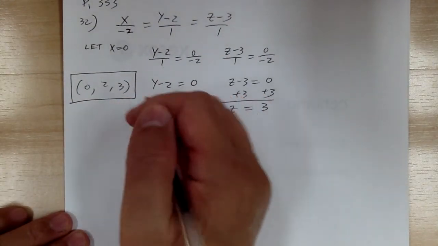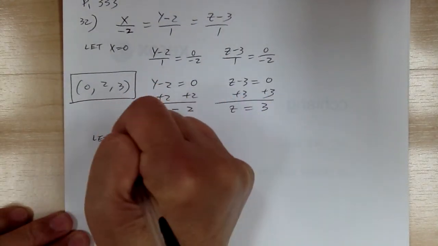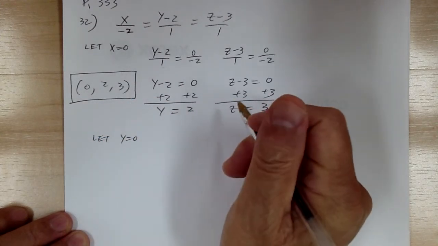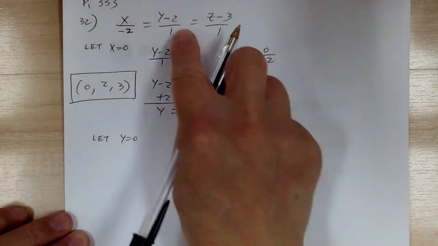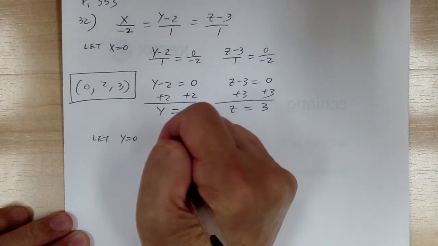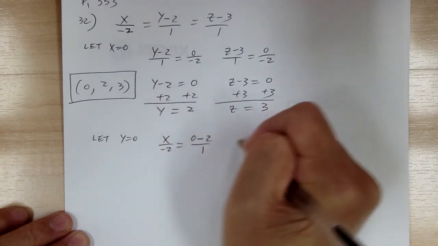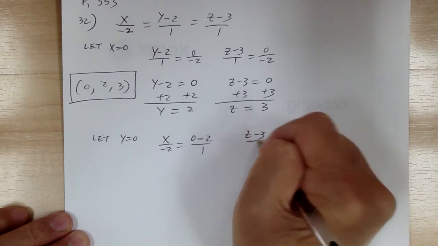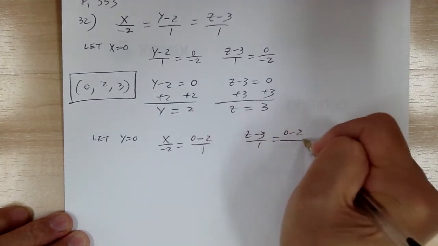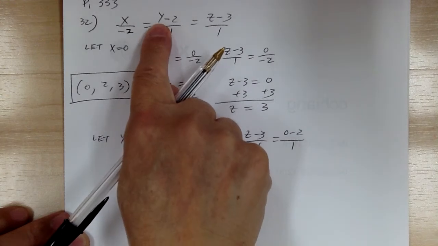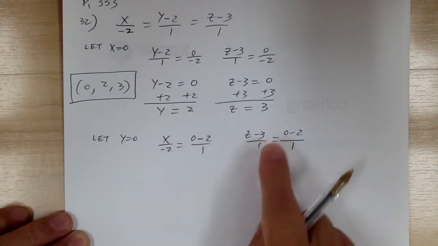Okay, now you're going to let y equal 0. So you're going to get x over negative 2 equal to 0 minus 2 over 1. And you've got z minus 3 over 1 equal to 0 minus 2 over 1. I set y equal to 0.